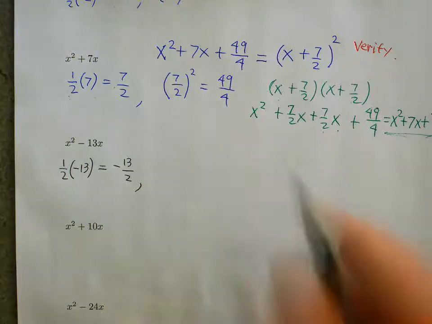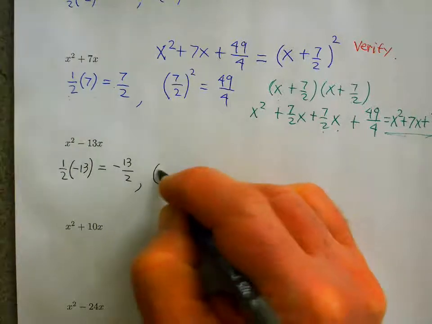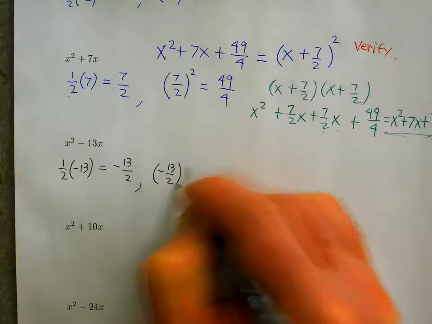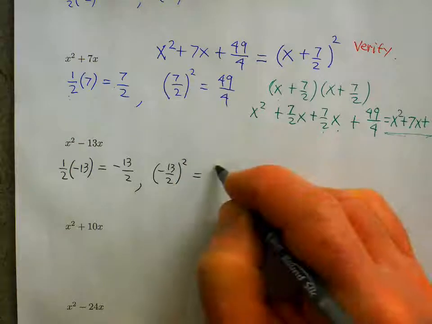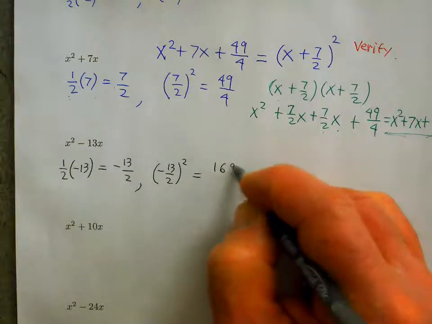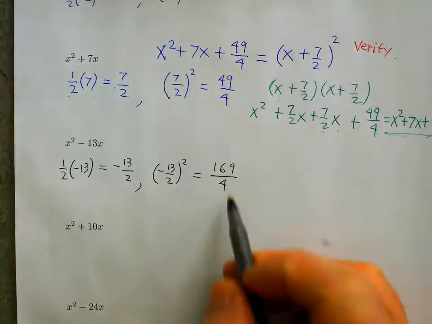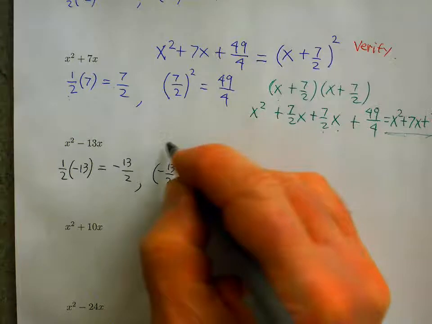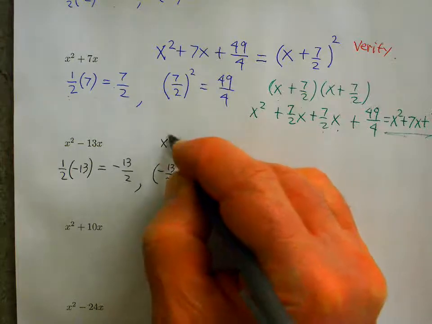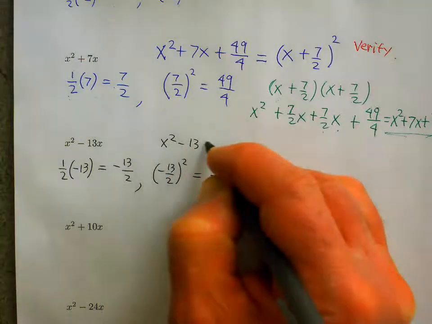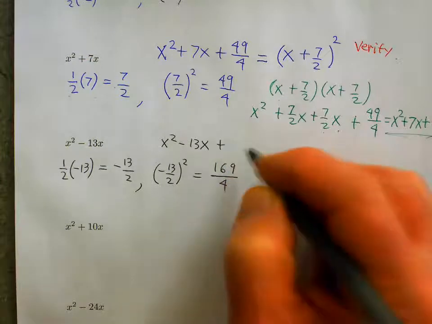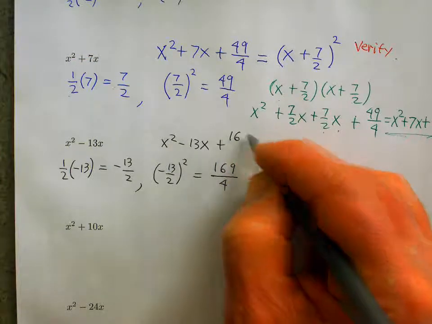Then we square that number. When we square negative 13/2, we get positive 169/4. So we add this number to x squared minus 13x. And we now have a perfect square trinomial.